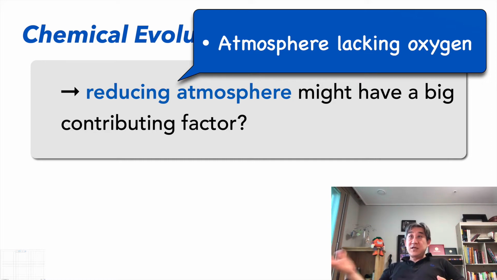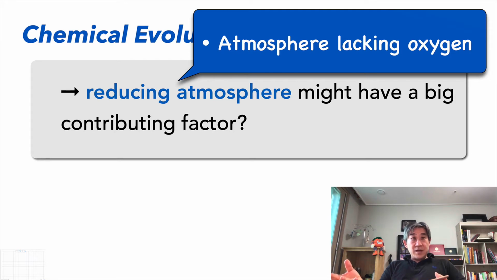These days, our air contains plenty of oxygen, but all the scientific evidence points to the early environmental condition of the Earth not containing any oxygen. No oxygen was present in the beginning. So that type of atmosphere we call a reducing atmosphere.